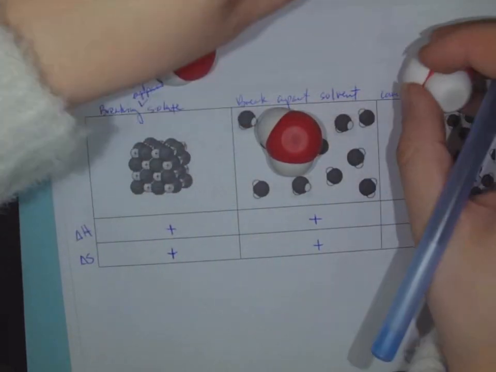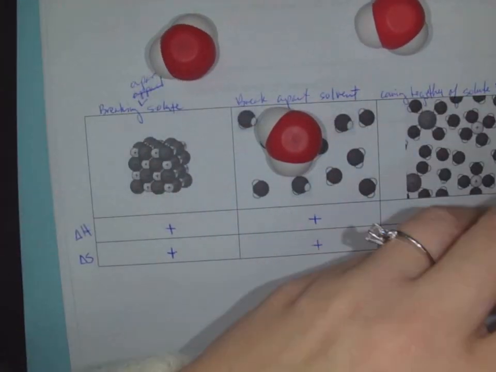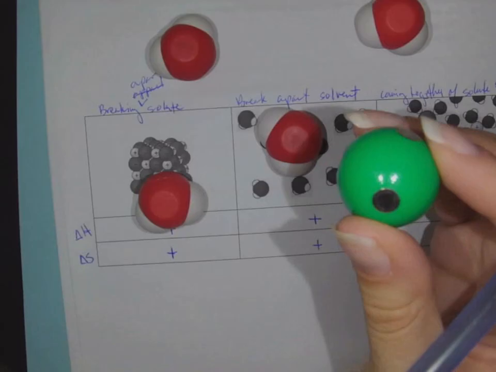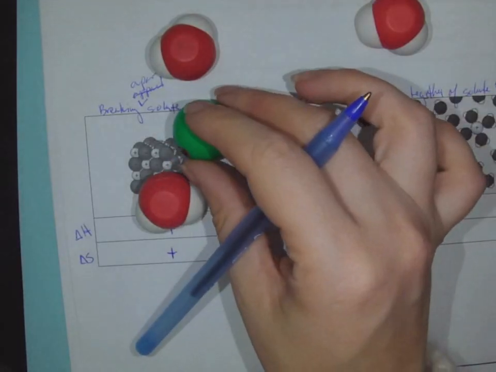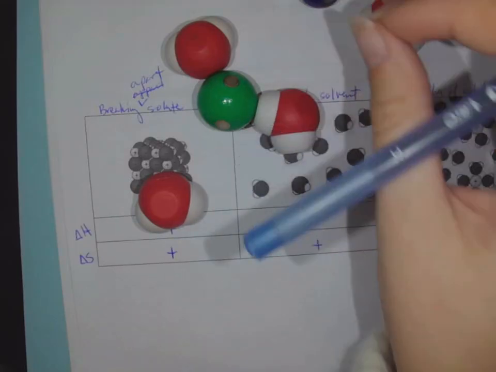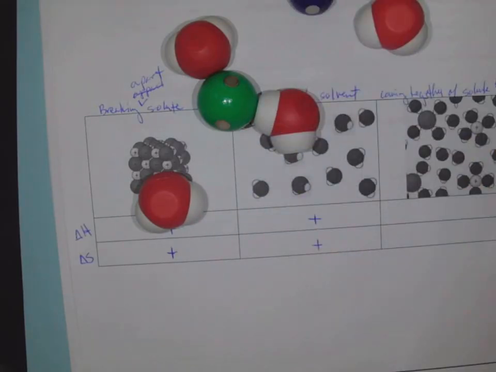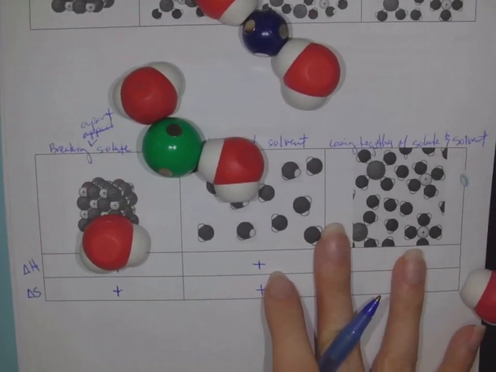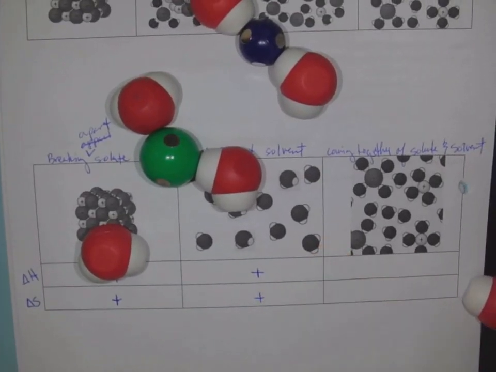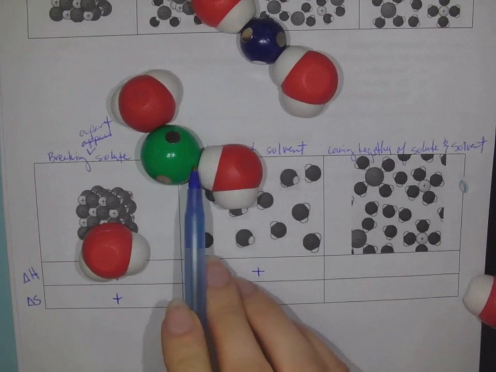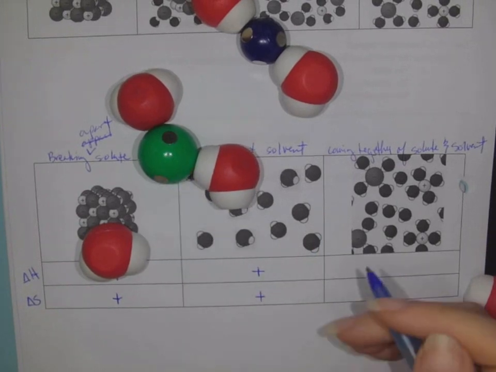So here are my water molecules that I've broken apart. And I'm now going to take my ions that are broken apart and add them together, so adding the solute into the solvent. And what we're seeing here is that when these ion dipole interactions are forming, energy is being released.